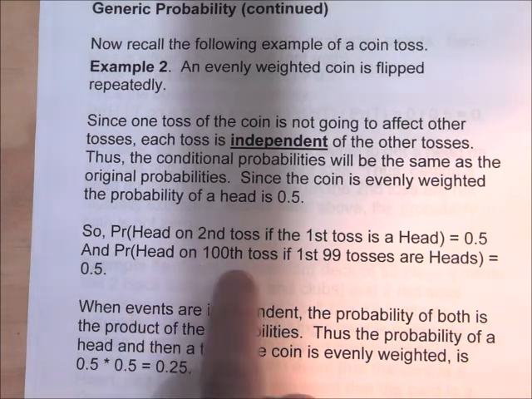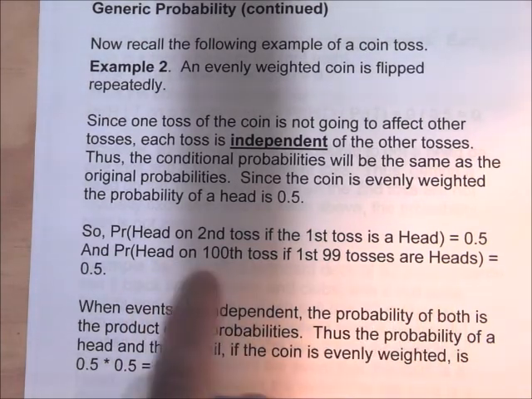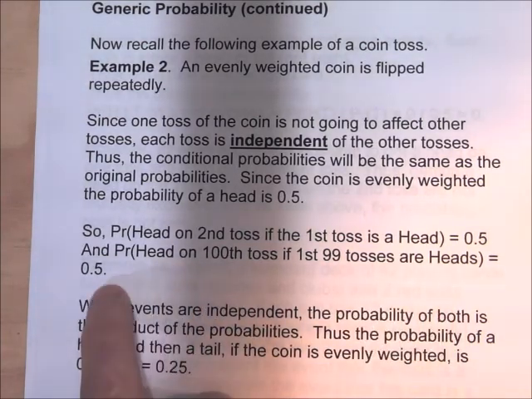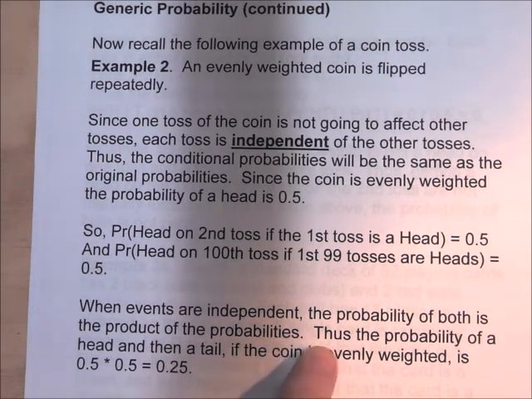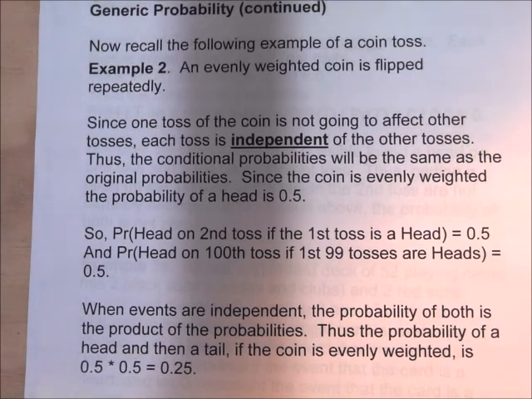Or even if the first 99 tosses are heads, you still have a 0.5 chance of getting a head on the 100th toss. When events are independent, the probability of both is the product of the probabilities. So the probability of a head and then a tail would be 0.5 times 0.5, which is 0.25.